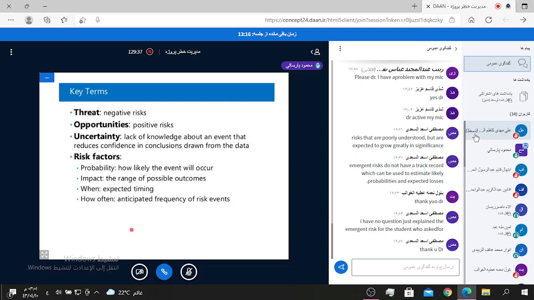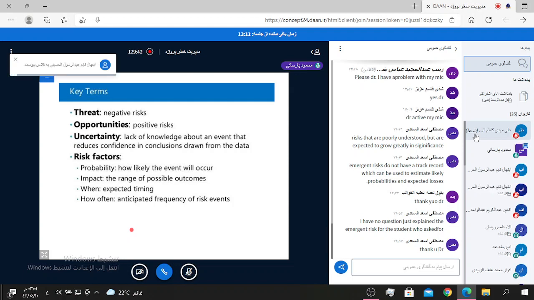Lack of knowledge and information about an event reduces confidence in the probability of that event occurring, and reduces confidence in conclusions drawn from the data.